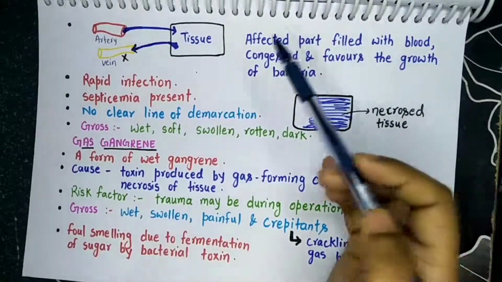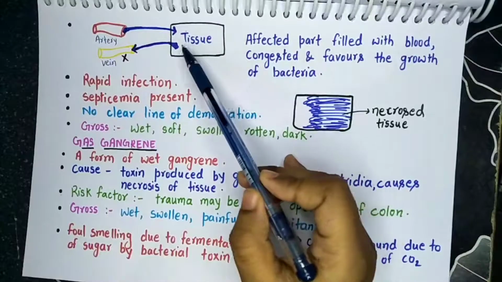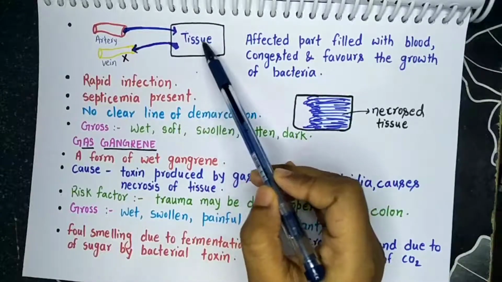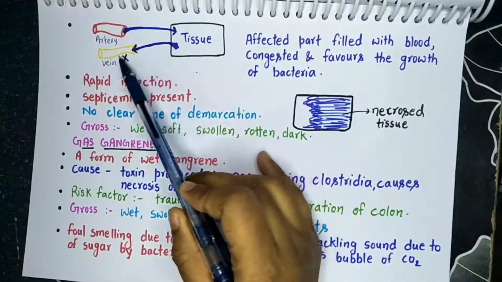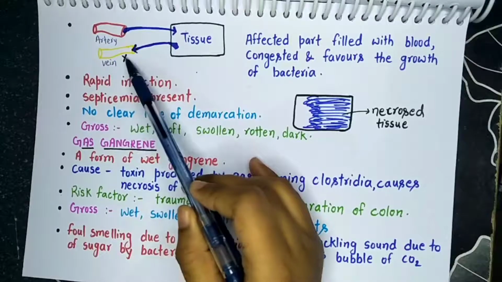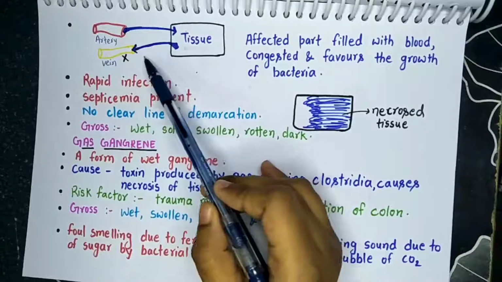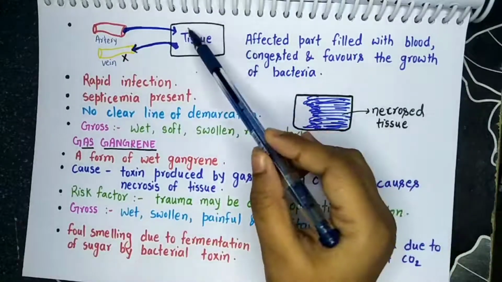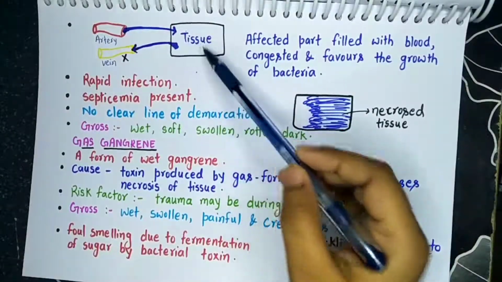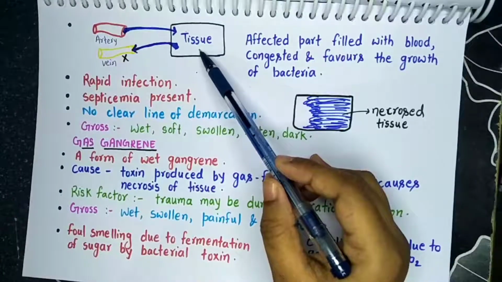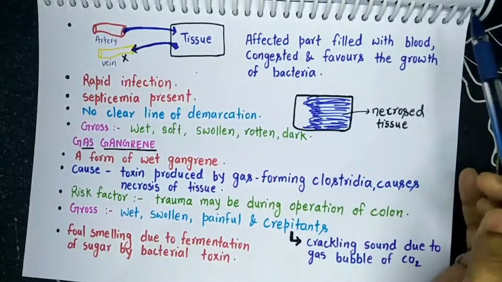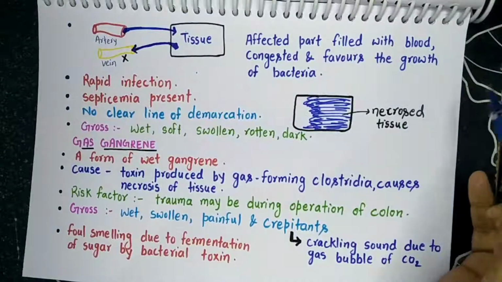because the blood present in the tissue is not taken back by the vein, because there is occlusion, there is blockage in the veins. So all the blood will accumulate in the tissue, and the tissue will appear congested, and there will obviously be growth of bacteria there.